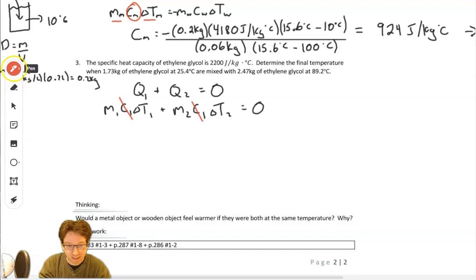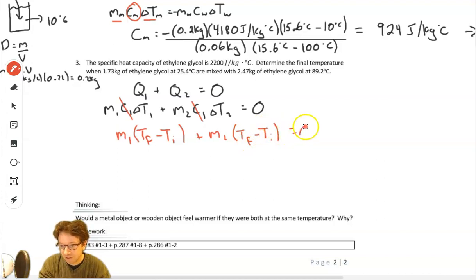So we're left with M1 times delta T1. And what I'm going to do, since I can't solve for delta T1, I don't know what delta T1 is, I don't know what delta T2 is, I'm going to expand it. And I've always said it's always final minus initial. So the final temperature of our first substance minus the initial temperature plus M2, and delta T2 I will expand again, final minus initial must be equal to 0.